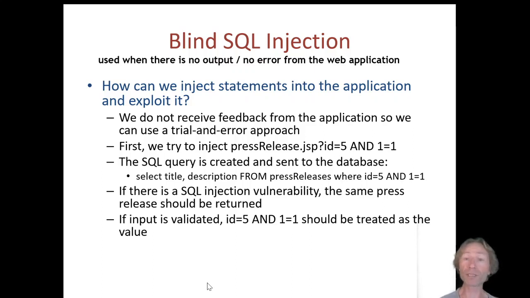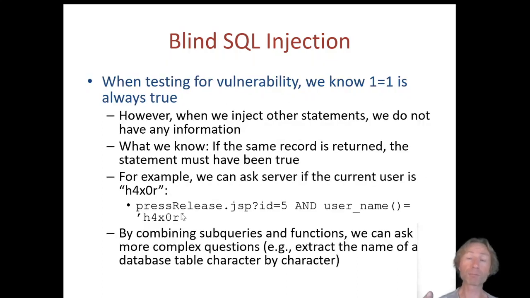And so no error messages, you're just getting the same result back. Okay, so ID equals 5 and 1 equals 1 is something that will lead to the exact same press release being echoed back. And now we can start probing, right?